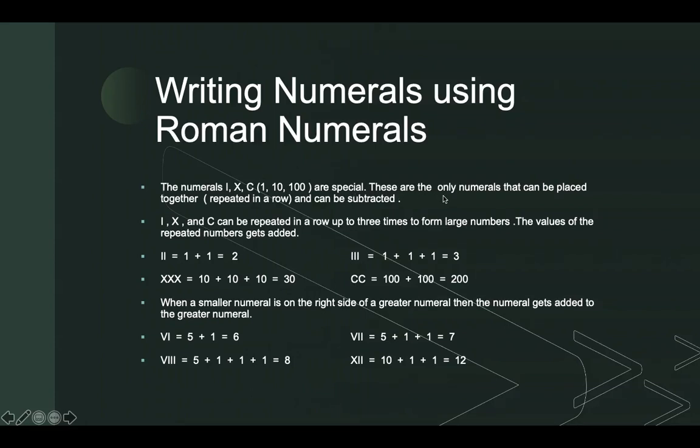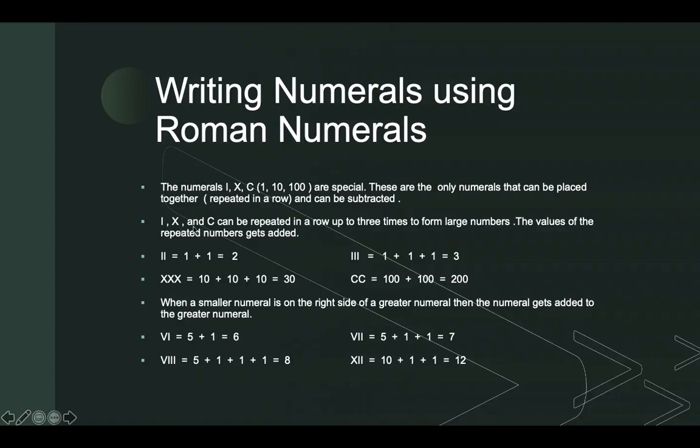These are the only numerals that can be placed together, repeated in a row and can be subtracted. Means these are special symbols and they can be repeated and subtracted.